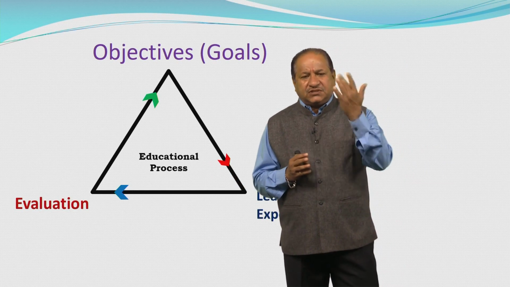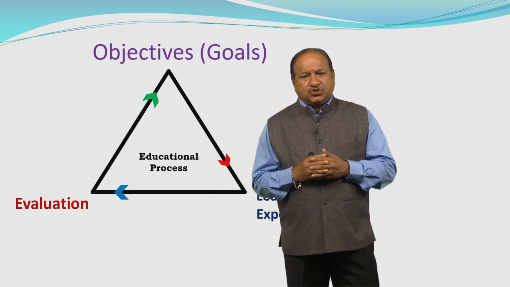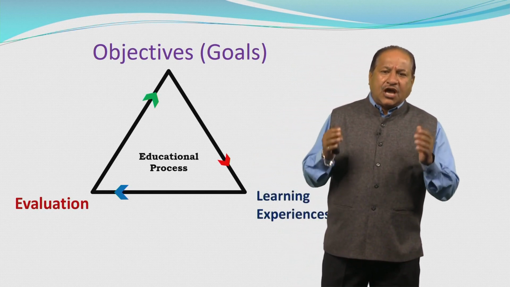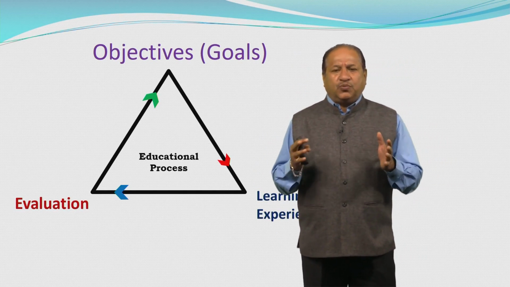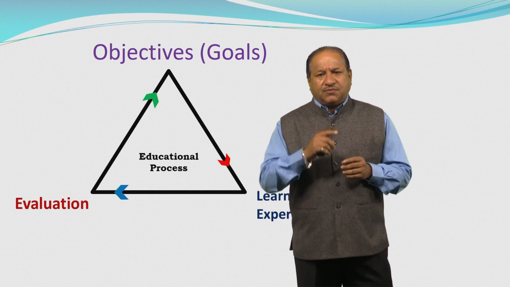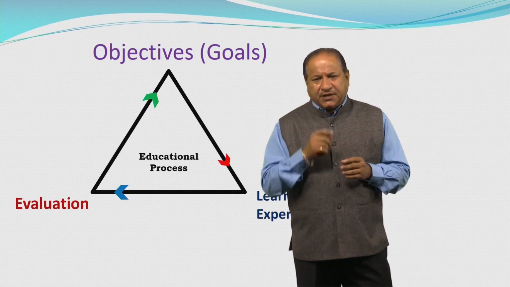For that purpose, this evaluation process is used, and through it, evidence is collected on how many objectives have been fulfilled or not. This educational process first cycle is totally completed.